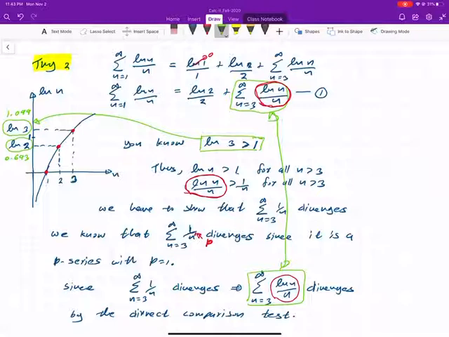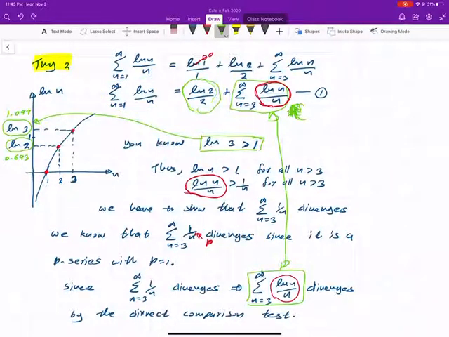Now you know that this series diverges. That means this green circle is infinity. You add some real number to infinity, but it is still infinity. That means this is infinity. Okay, that means the given series is divergent.